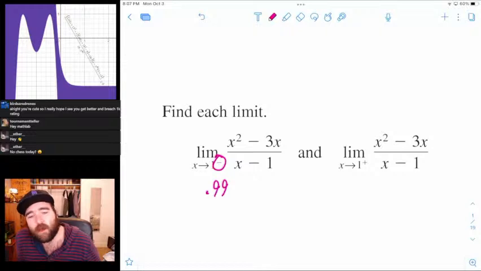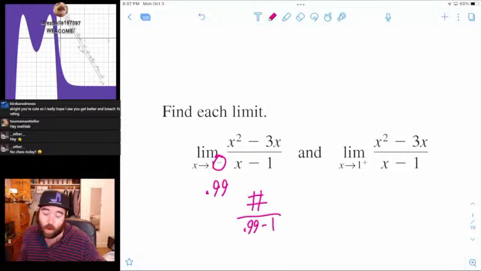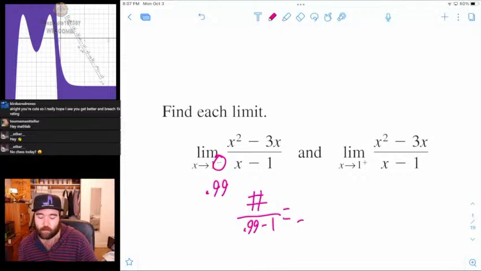Well, on the top, what is going to happen? So we plug in the 0.99. What do we get on the bottom? That's what we really want, because we plug in the 0.99 on the top, and we just get some number. But then what happens on the bottom? On the bottom, it's 0.99 minus 1. So that's a negative, really small number, like negative 0.